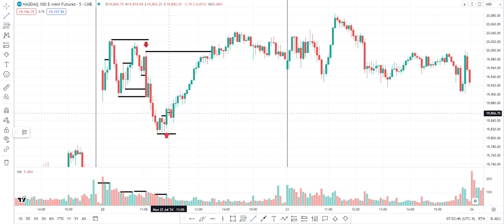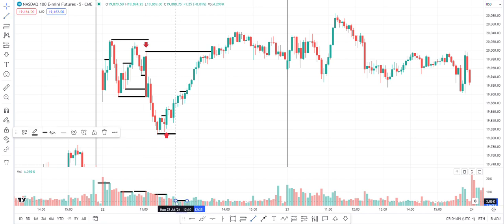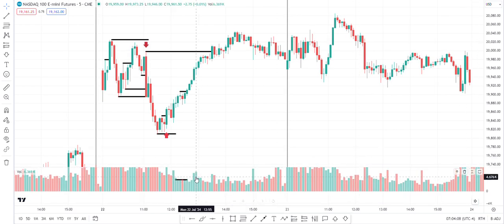So now we're continuing higher, and we're looking at every time there's a break higher. Okay, this new swing high is broken. That's very low volume. 1, 2, 3, 4, 5. Let me expand this pane, and this is why I have it as a window. 1, 2, 3, 4, 5.